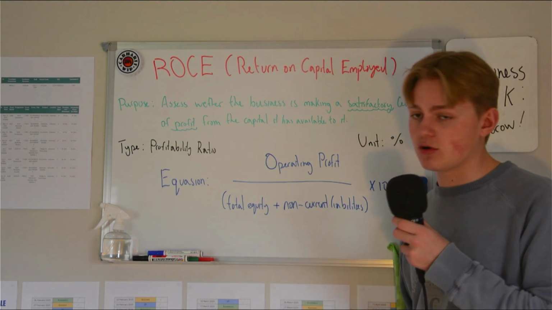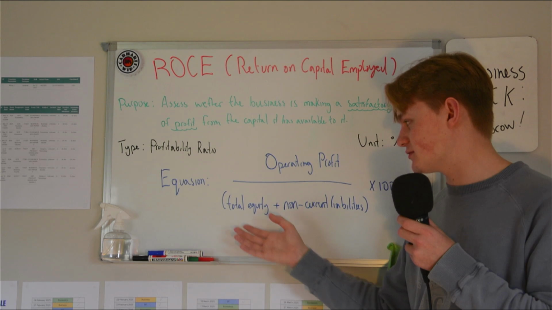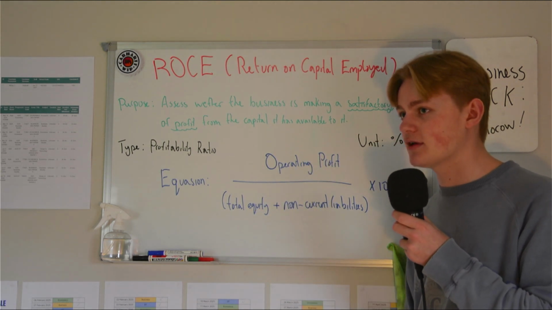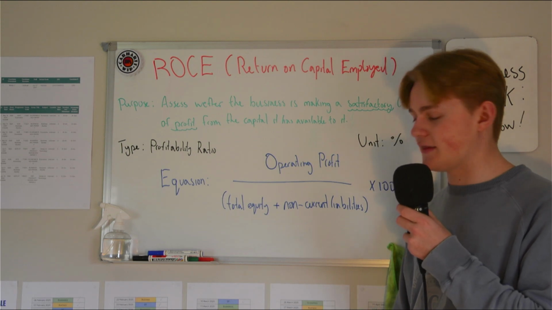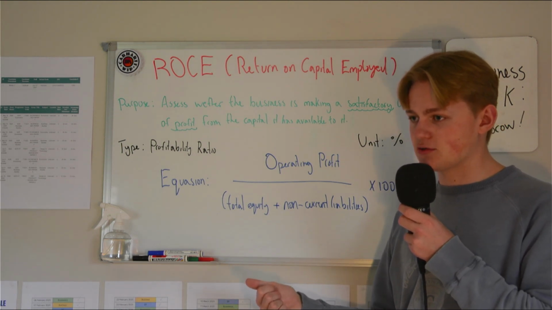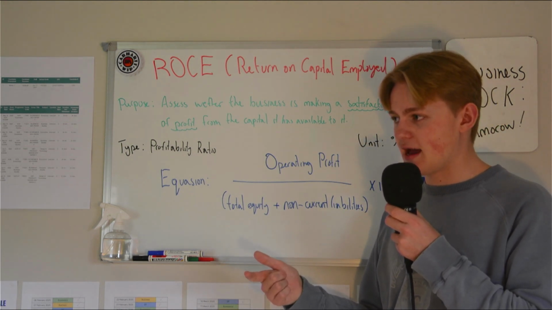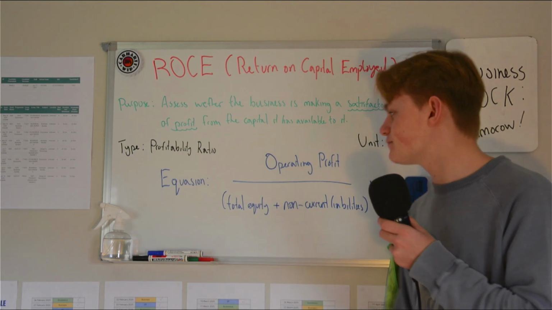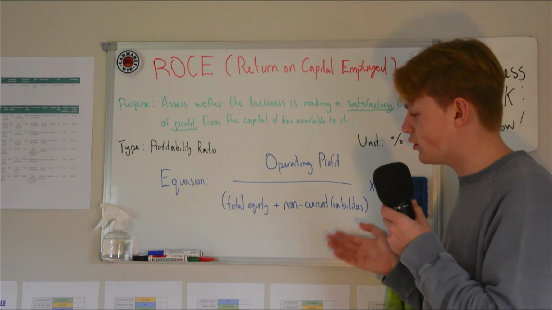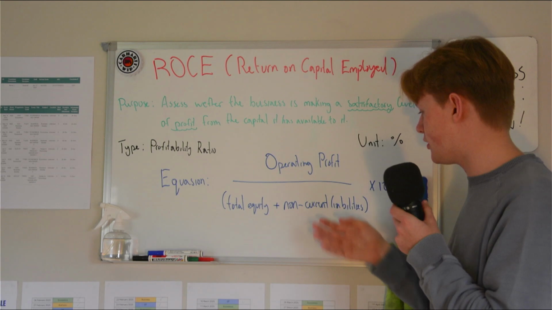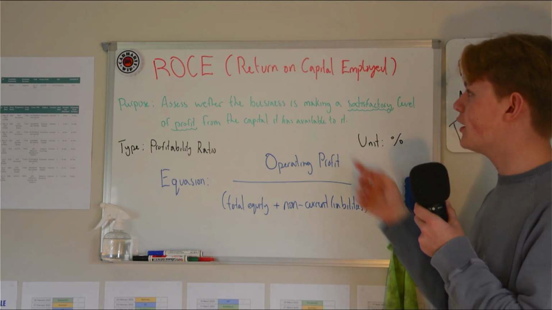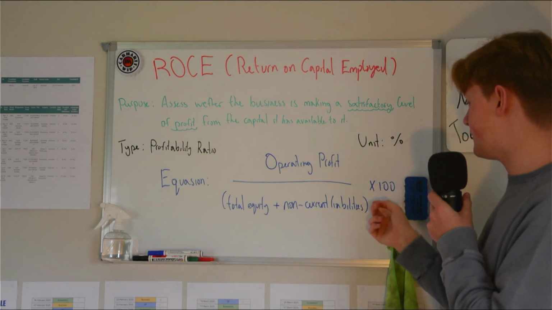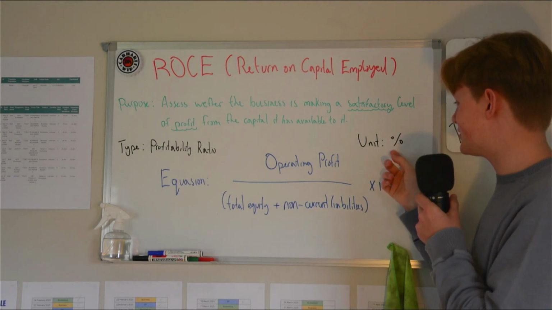Total equity will also be listed on the balance sheet as such. You should have a total equity section. But if not, then the section labeled equity, just sum all of those numbers. That will be things like share capital, retained earnings, and like cash reserves. Add that to the non-current liabilities, times 100, very important, to give you your return on capital employed. And because we're timesing it by 100, it's a bit of a hint. It is a percentage unit.